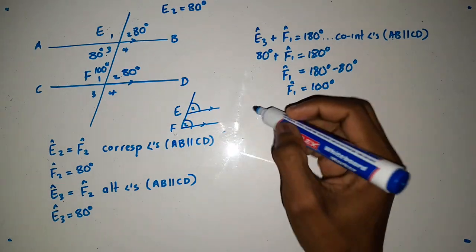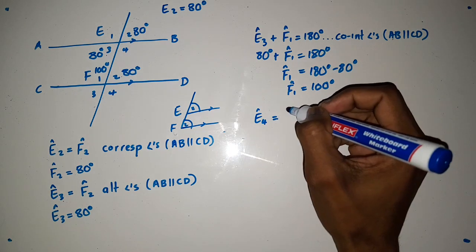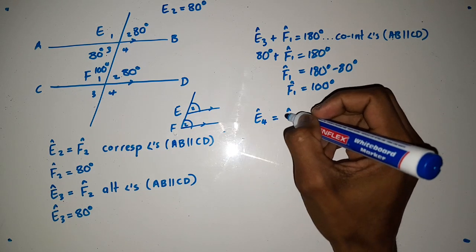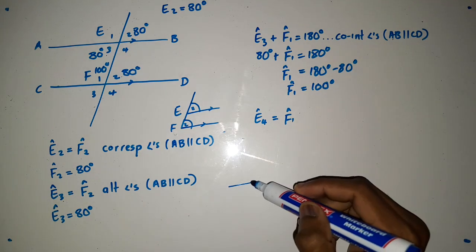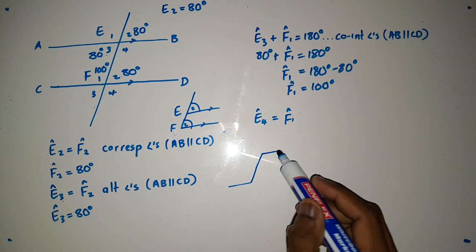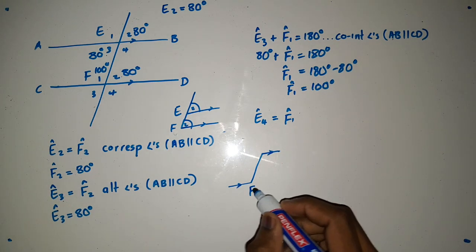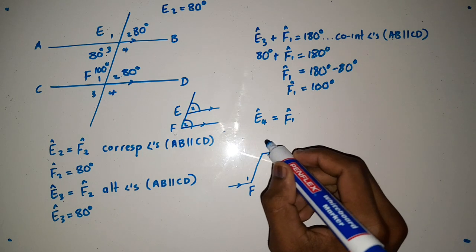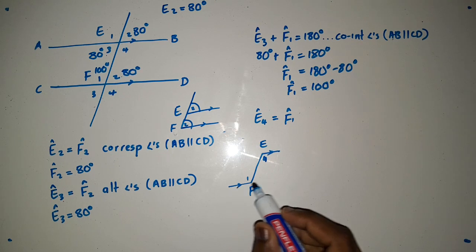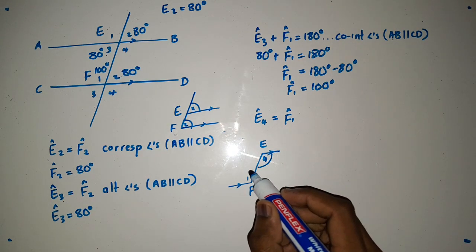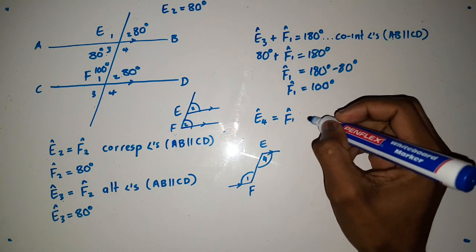E4. Check, angle E4 is going to be equal to angle F1. We get a Z shape, like this. We have F1, we have E4 over there. We get a Z shape, which is then going to be equal, alternating angles.